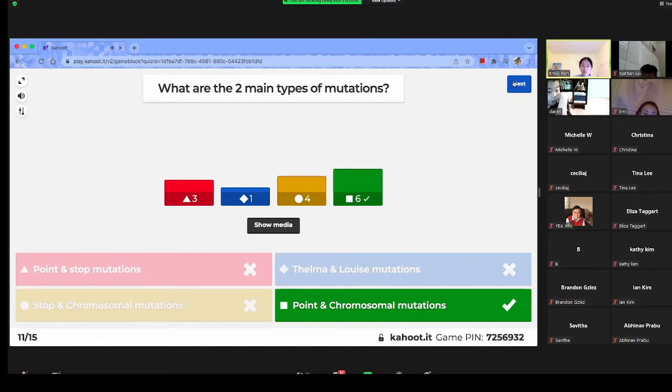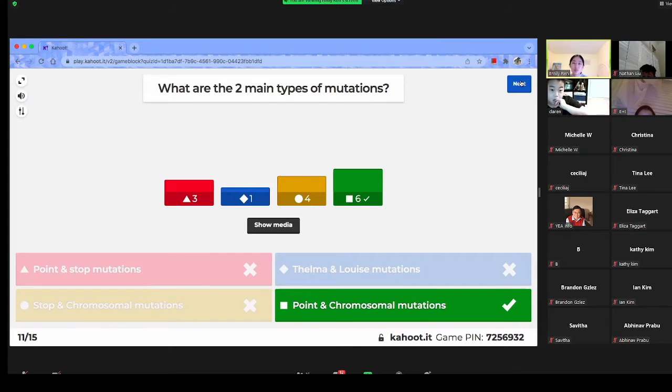What are the two main types of mutations? This one is point and chromosomal mutations. Point mutations can be insertions, deletions, substitutions. And chromosomal mutations are like translocations, which is when parts of chromosomes switch and they exchange chromosomal parts.